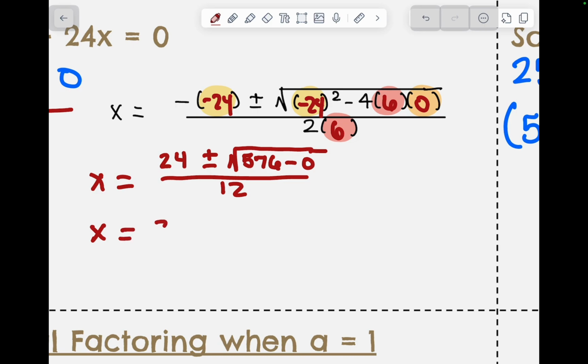So then x equals 24 plus or minus, we know the square root of 576 is 24 because we just did it, divided by 12. So we get two solutions.